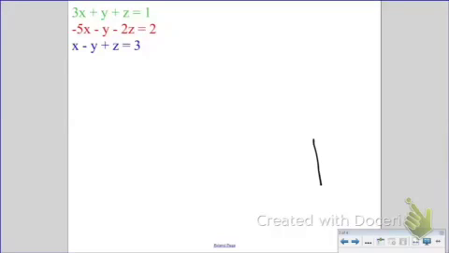Okay, let's look at another situation. Again, we're going to need to stack these so that something starts to disappear. Let's look through. I have 3, 5, and 1 on the x's, 1, 1, 1 on the y's, and 1, 2, and 1 on the z's. I think 1, 1, 1 on the y's is going to make things pretty easy. So let's start with that.